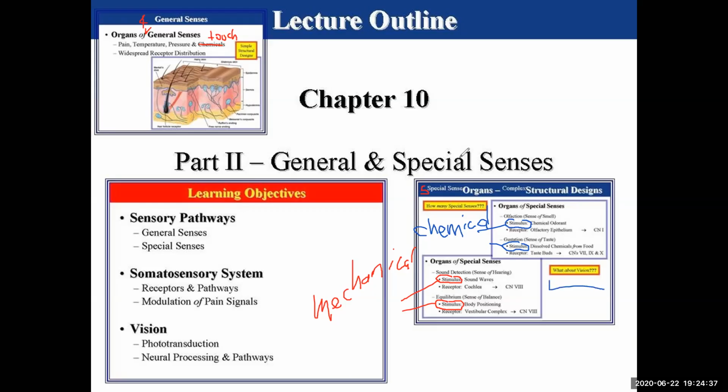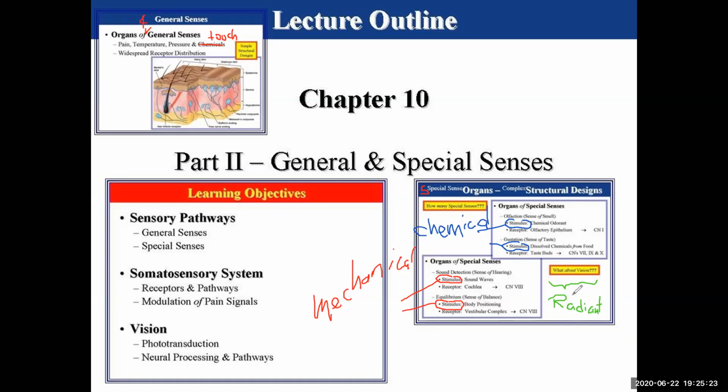Whereas vision, again, it's a little bit different. This is called radiant energy, or visible light, right?